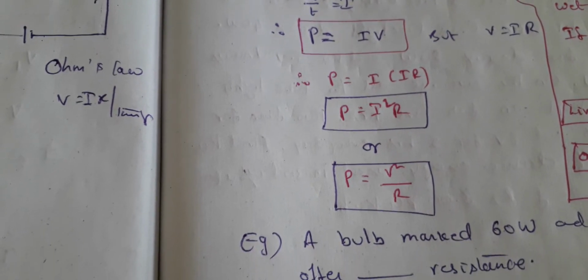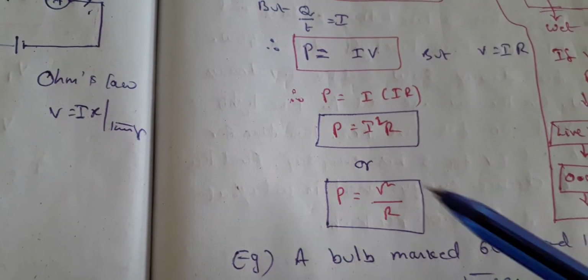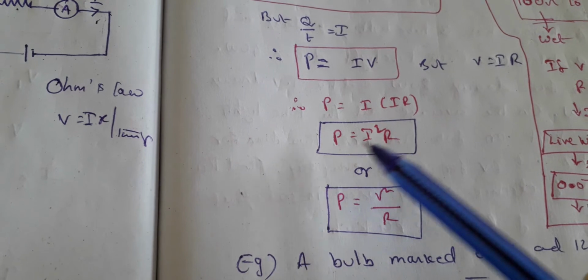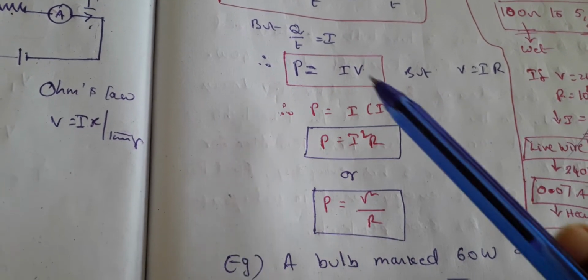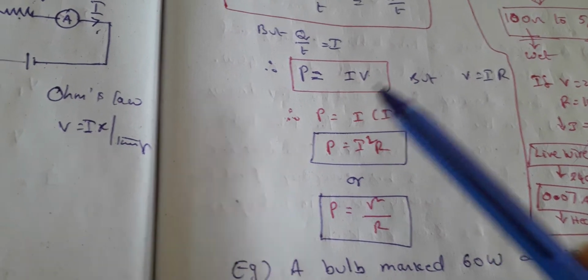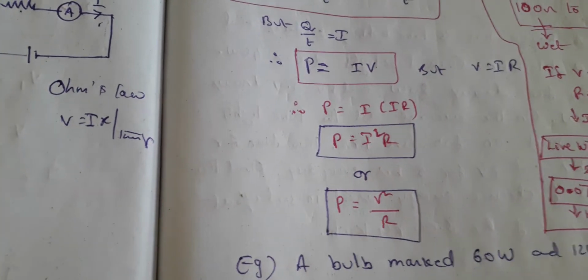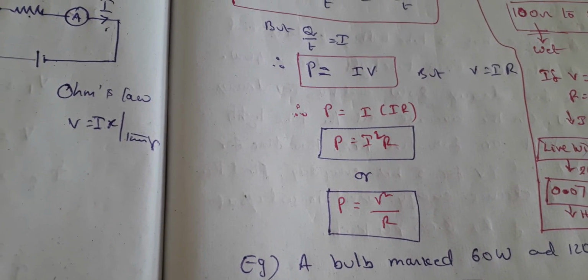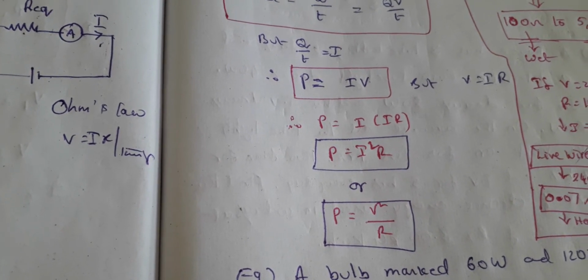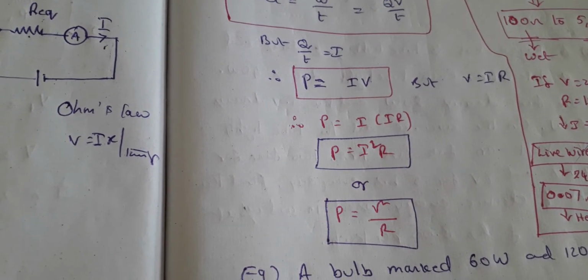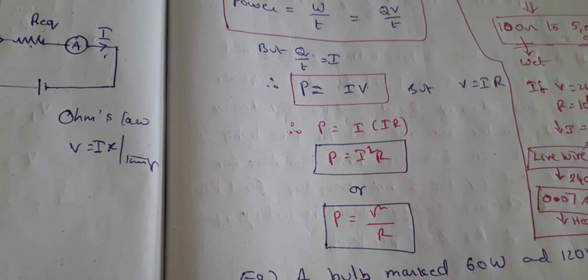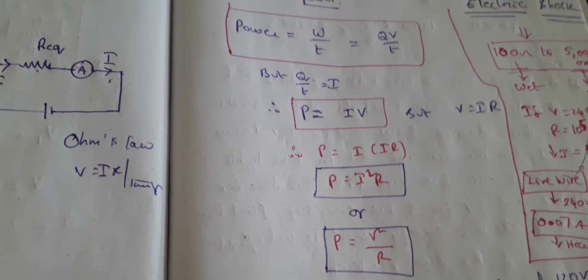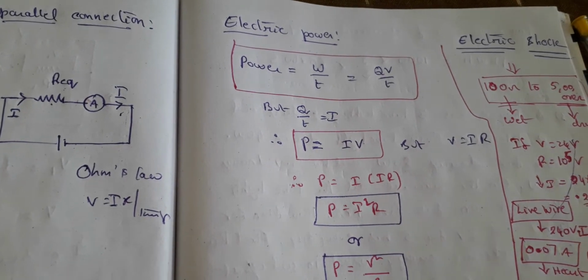Substituting that, we get P is equal to I into IR, that is I square R. Or you can substitute in place of I, V by R, so that is V square by R. So in all these combinations you can write the power formula. When you know in how many forms you can write the power formula, in those many forms you can do the numerical. Okay children, so this is about electric power.